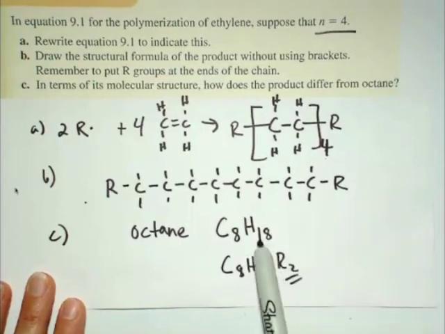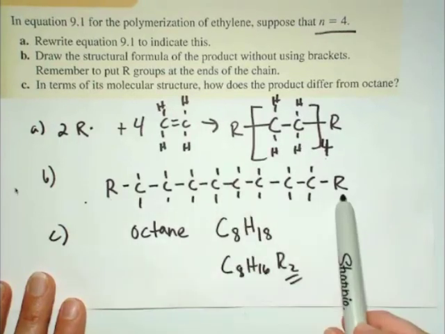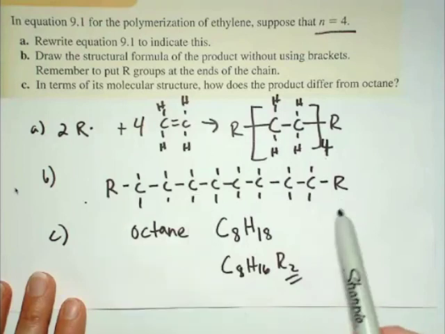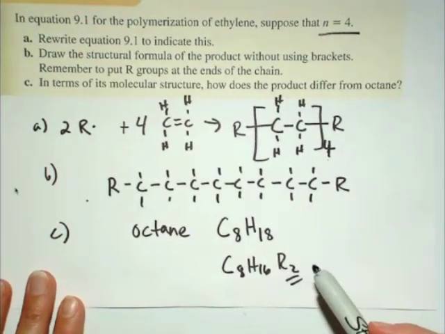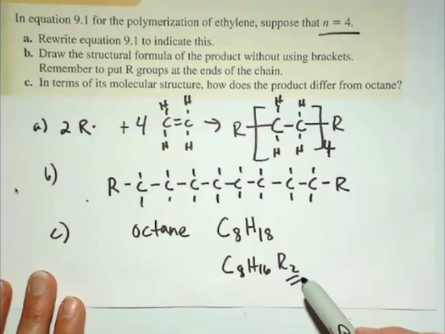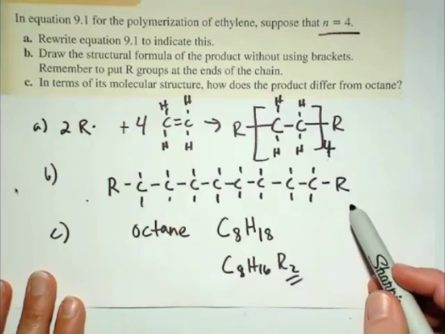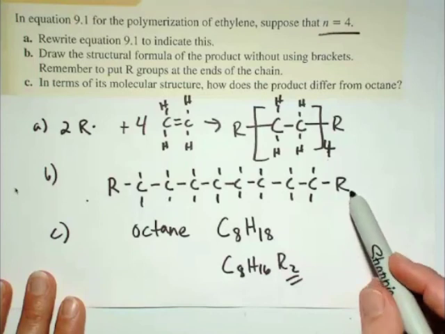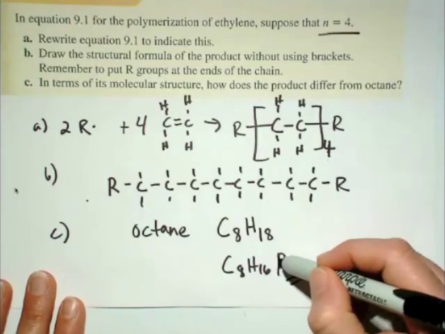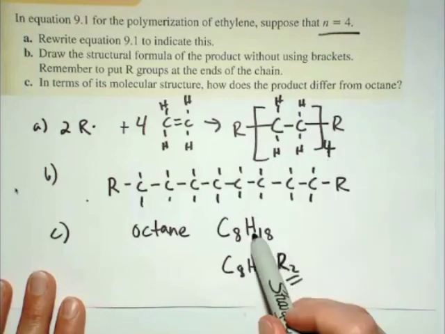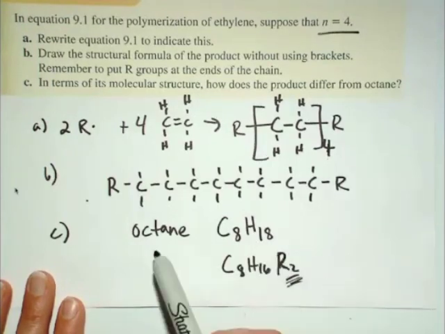And so instead of having 2 hydrogens on the end, those hydrogens are substituted out in this case for R, and R is some small molecule, and there's various types, but sometimes there's small hydrocarbons with a free radical nitrogen or oxygen on them. So I don't know what exactly R is. There's lots of different initiators depending on what you're doing. But the bottom line is it's different than octane because it has the R's instead of just H's.